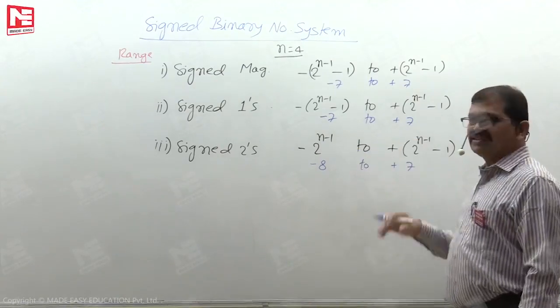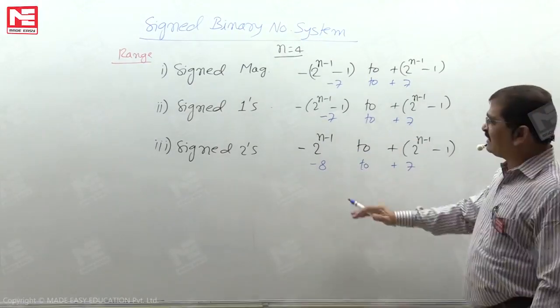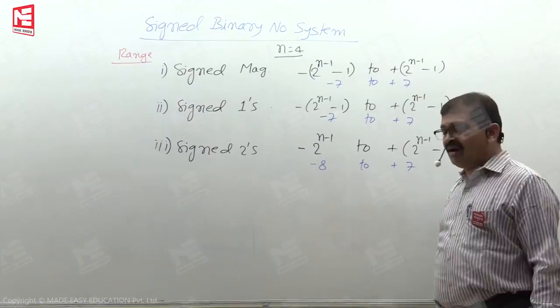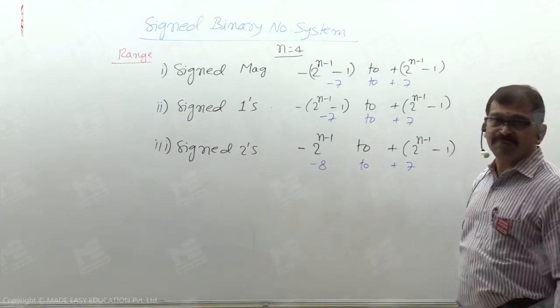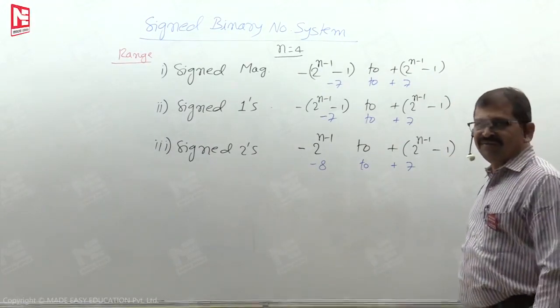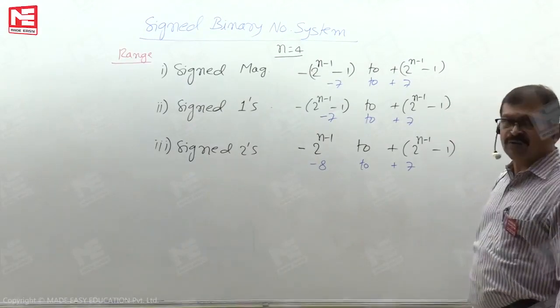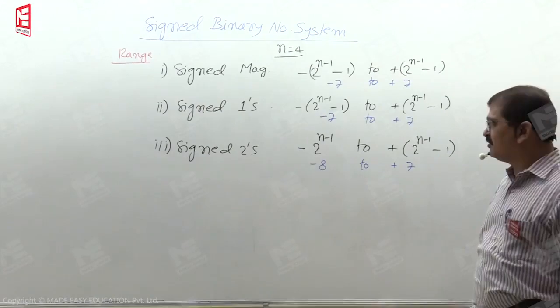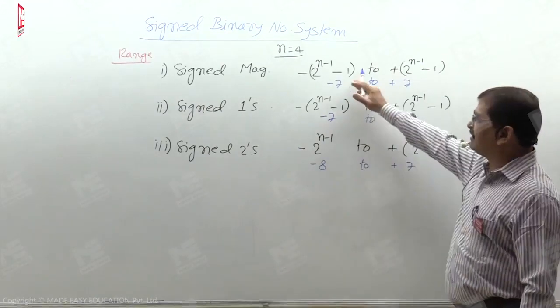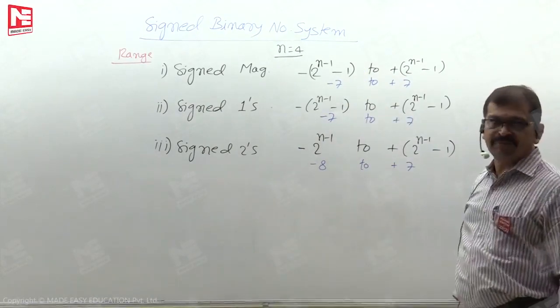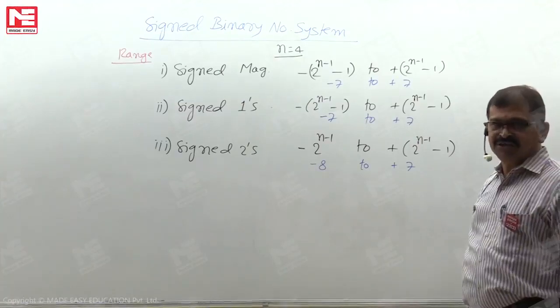So in sign 2's complement notation, we are accommodating one more negative number. In other words, the range in sign 2's complement notation is more compared with sign magnitude or sign 1's complement notation.